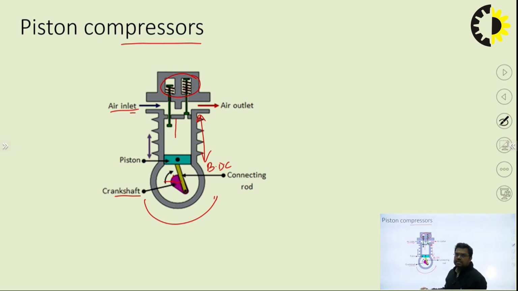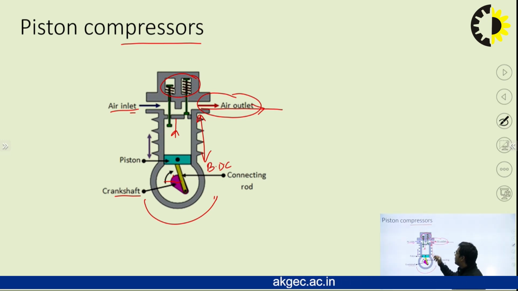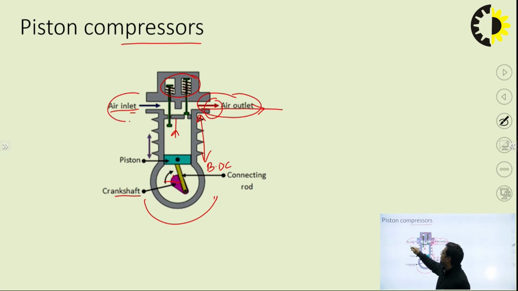In this case the air is compressed. As the air is compressed, the temperature inside the chamber increases, and after that the compressed, heated air comes out from the outlet block. So in a piston compressor there is one inlet block and one outlet block, with a one cylinder arrangement.